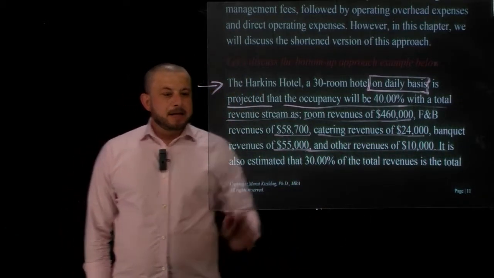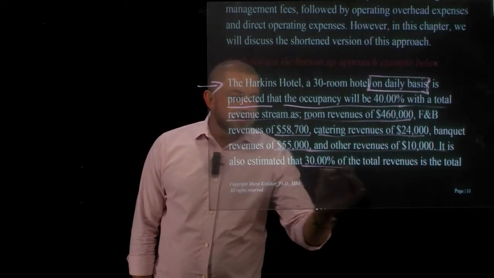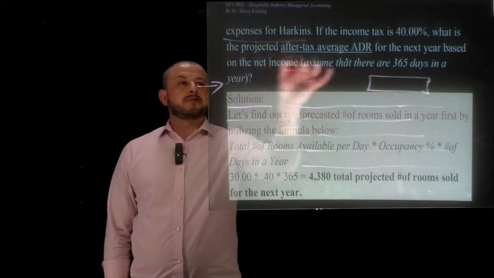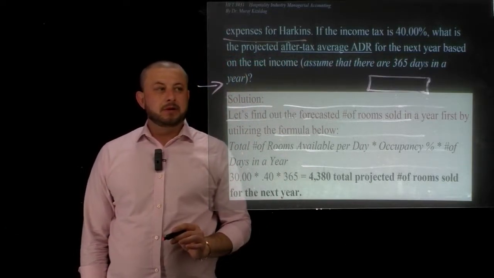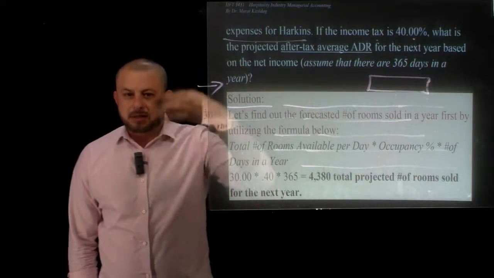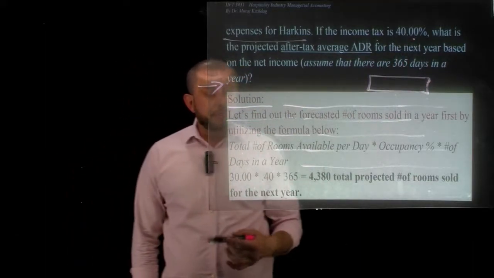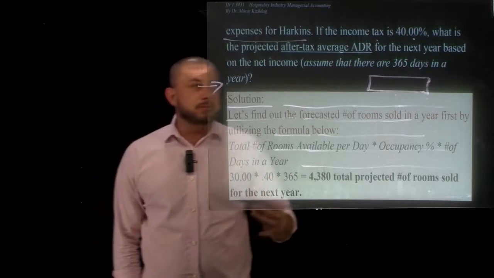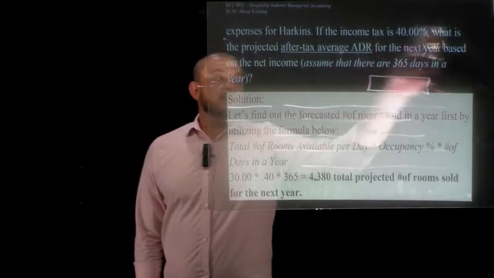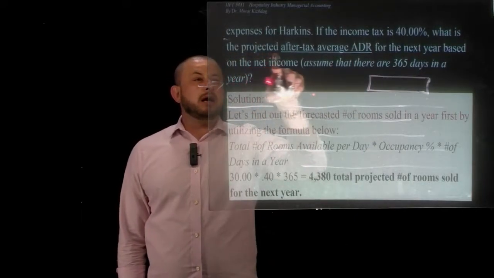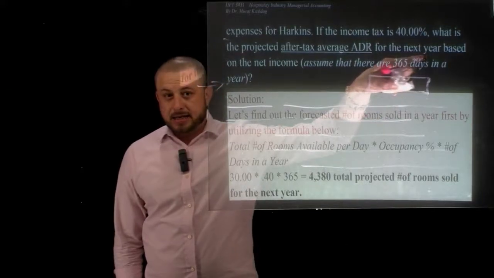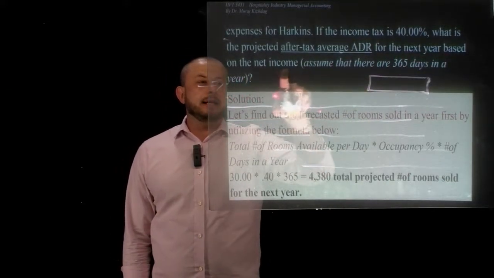It is also estimated that 30% of the total revenues is the total expenses for Harkins. If the income tax is 40%, which is not realistic, but it's just hypothetical numbers for theoretical purposes, the question becomes, what is the projected after-tax average ADR for the next year, based on the net income.